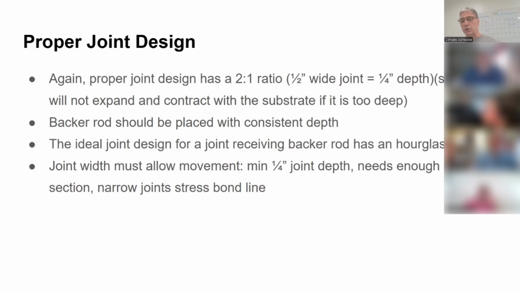Typically what we would do is open those joints up with a grinder so we have at least a 1/4 inch. You have to have a minimum width, and most manufacturers are going to recommend at least a 1/4 inch in order to have enough material with the cross section needed to handle the stresses that are on that bond line.